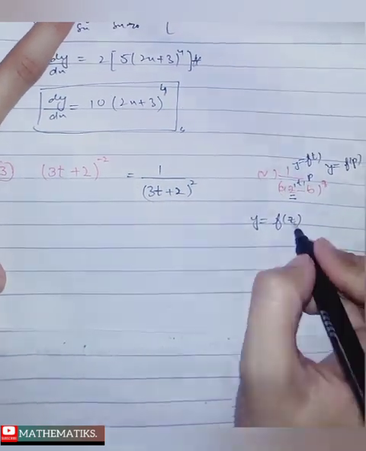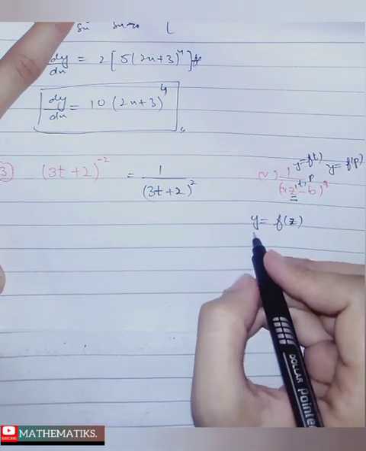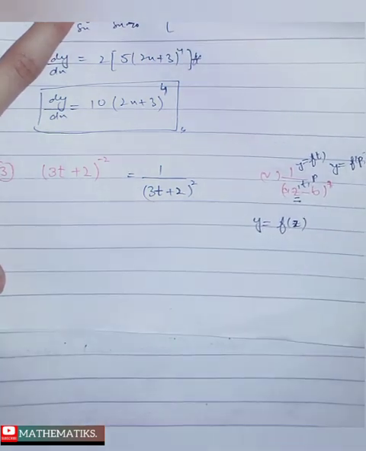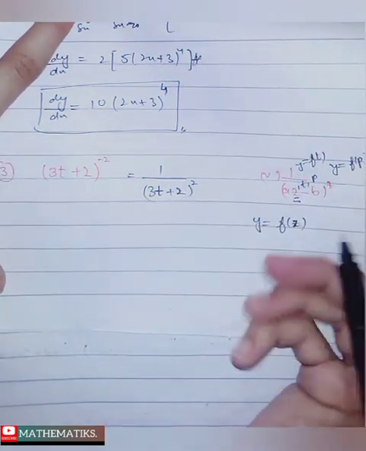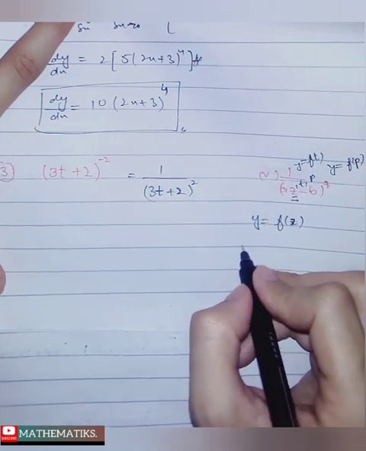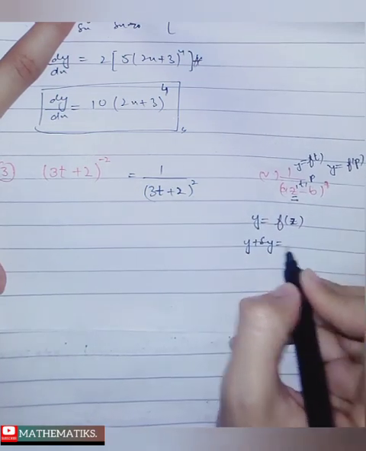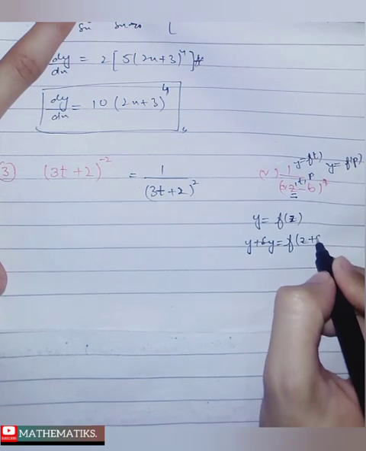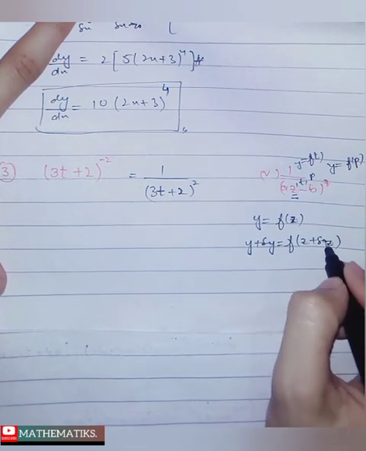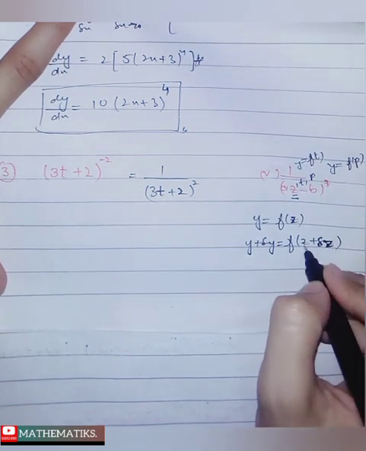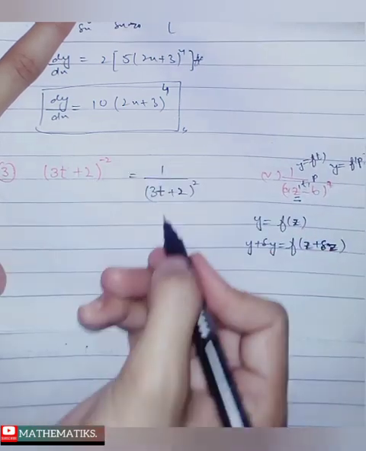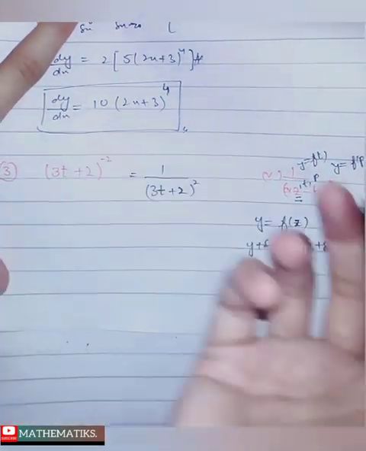And you have to make an increment, like we have done earlier, y plus partial y is equal to x plus partial x. So in this question we have to do y plus partial y is equal to f of z plus partial z. That means where z is written, you have to write z plus partial z. And for t, like in this question, I'll tell you how to solve this, right?